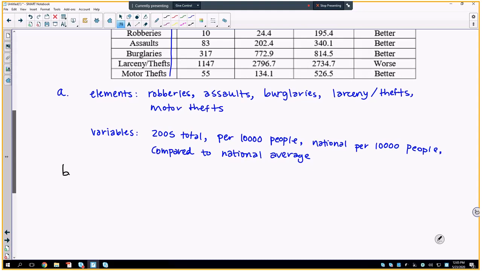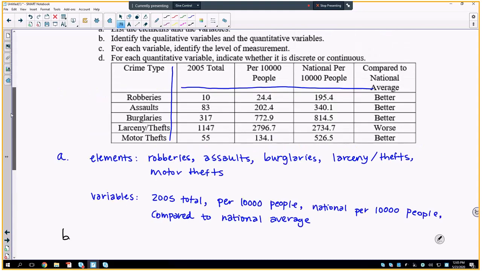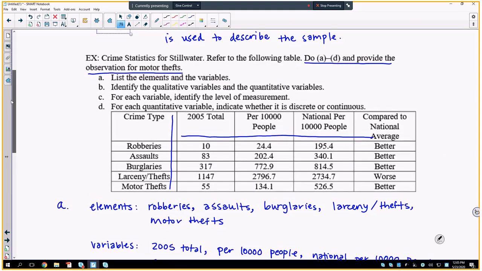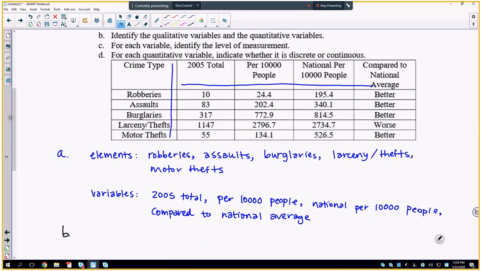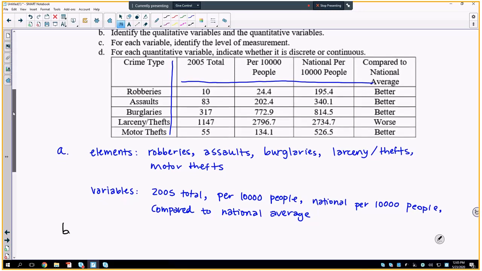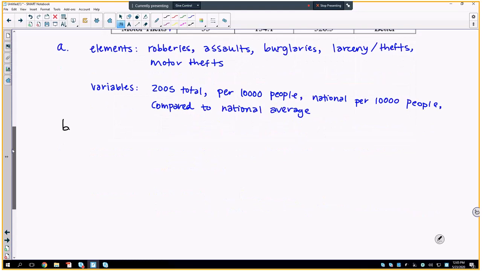Let's see what B is asking us. B, identify the qualitative variables and the quantitative variables. So we'll look at our variables: 2005 total per 10,000 people, national per 10,000 people, and compared to national average. We want to decide which are qualitative and which are quantitative.